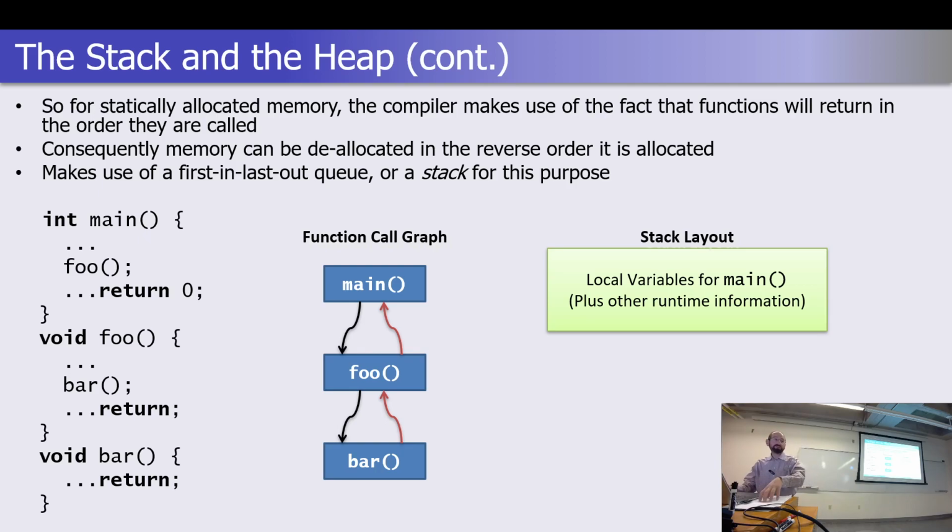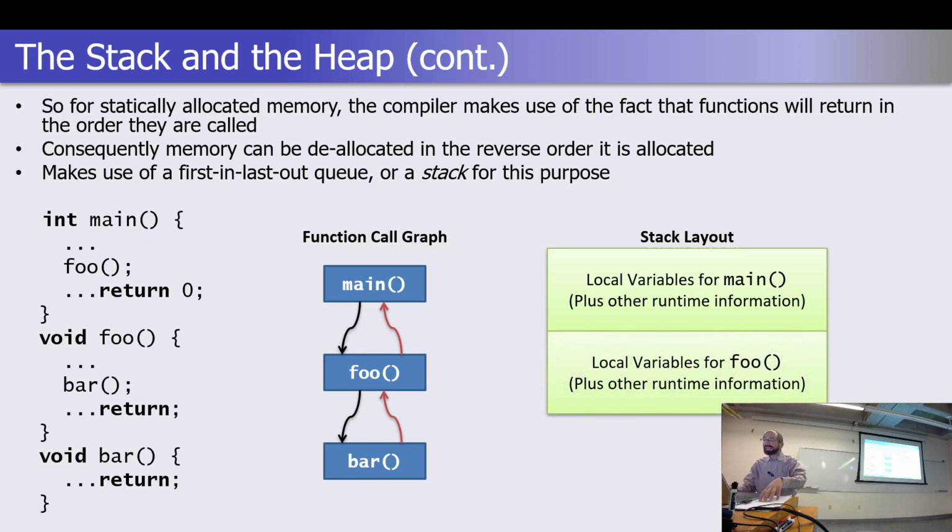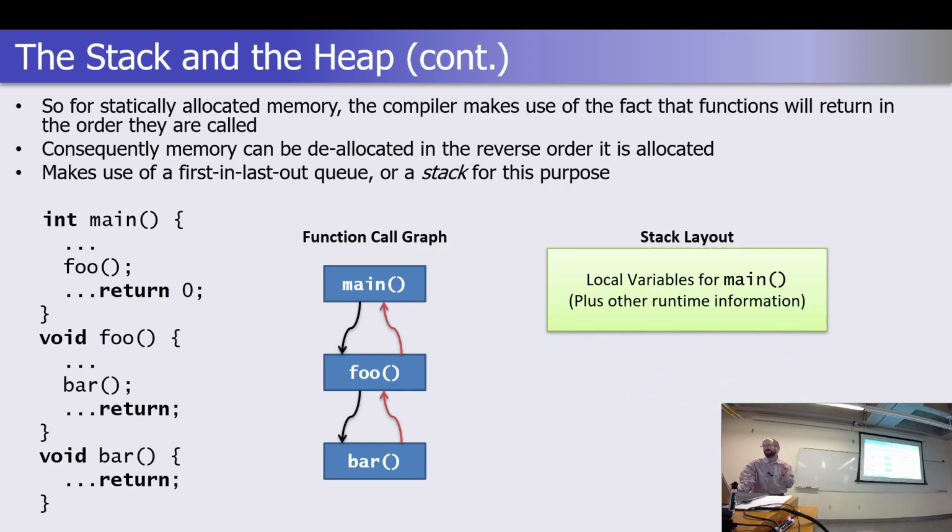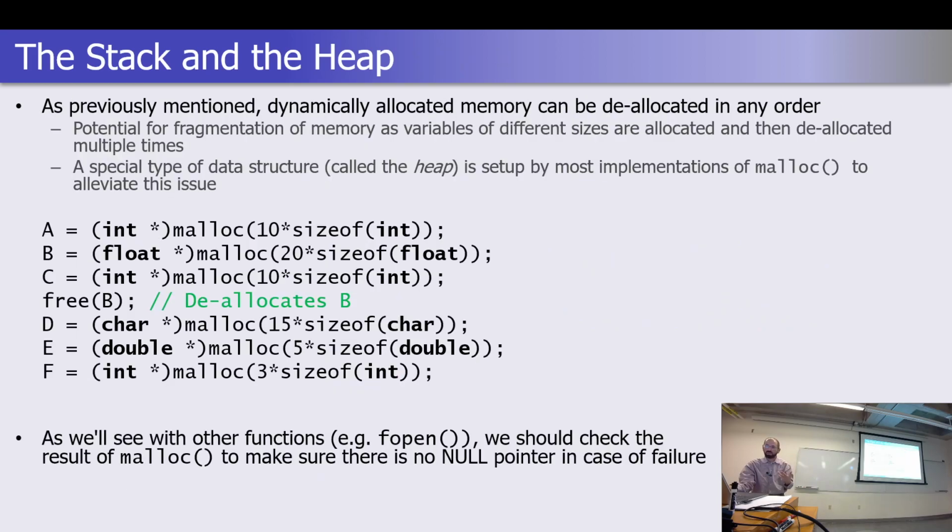Main then calls foo. In doing so, we statically allocate the amount of variables declared inside function foo. That is foo's stack frame. And then foo, as it calls bar, we get bar's stack frame. When bar returns, we return that memory back to the system. When foo returns, we return that memory back to the system. And ultimately, when main returns, we return that memory back to the system as well.